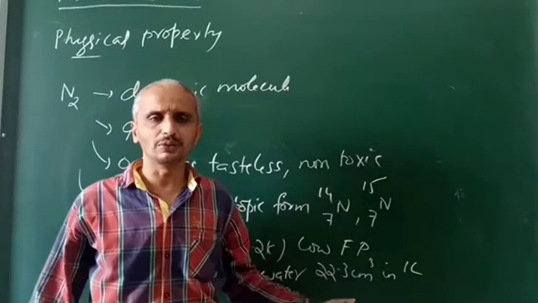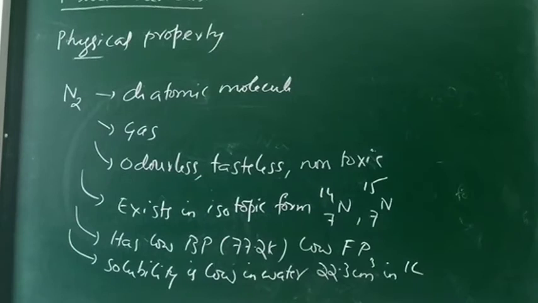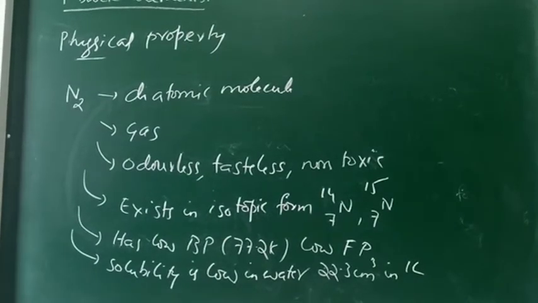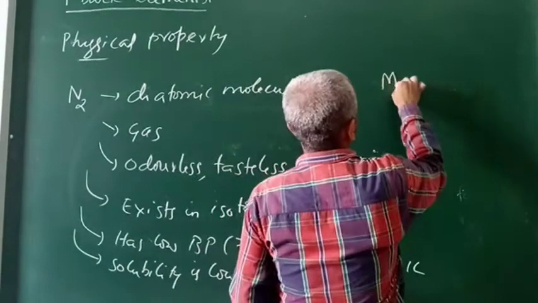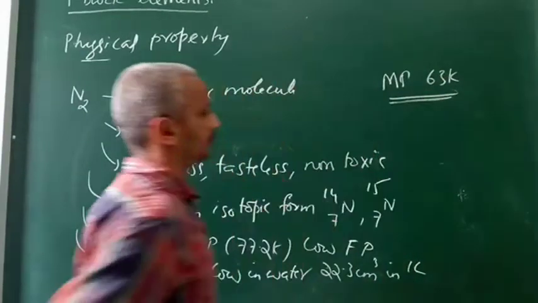Very less solubility. Melting point is 63 Kelvin for nitrogen. Note on this.